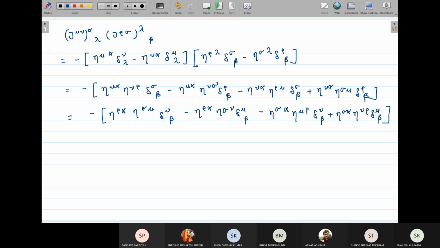Fine. So you see this here. What are the summed indices? Summation indices will be lambda only. That lambda is nowhere here. So this term is actually coming from I have replaced nu by alpha.